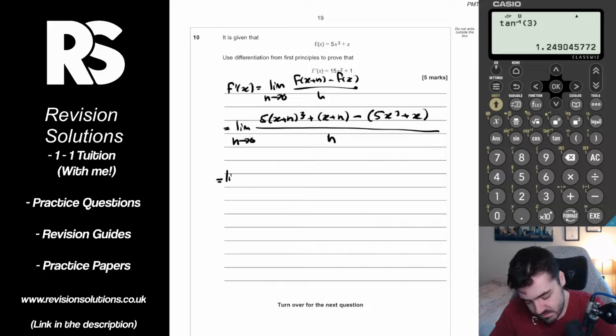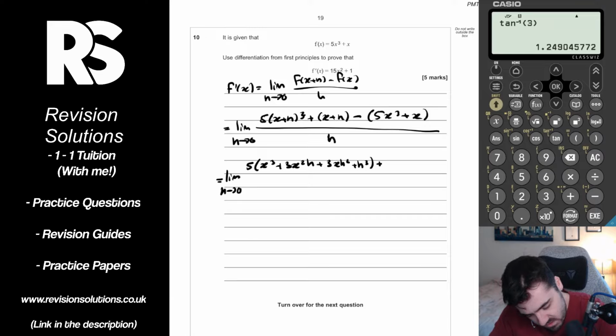So that would leave us with the limit as h tends to 0. We'll have a 5, then an x cubed, the first term. And we'd have 3 choose 1, which is 3, times x squared h. 3 choose 2, which is also 3, times x h squared. And then just an h cubed.